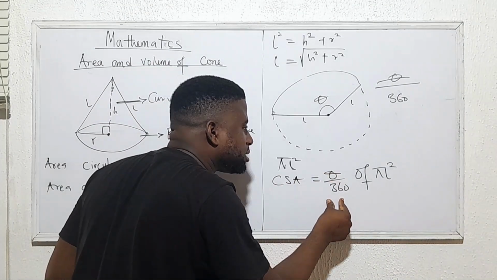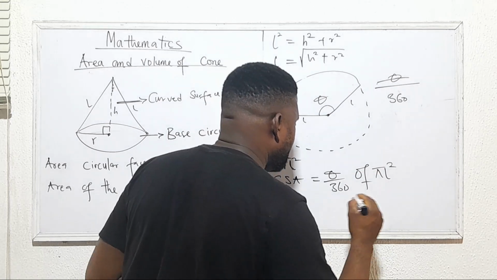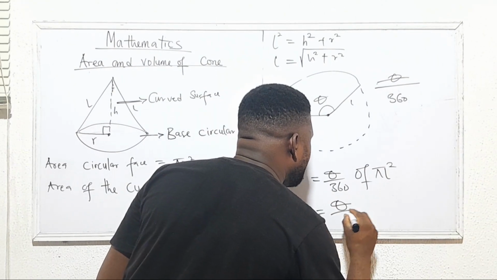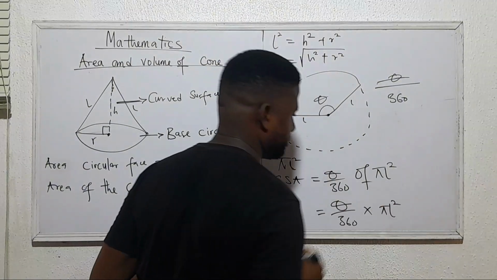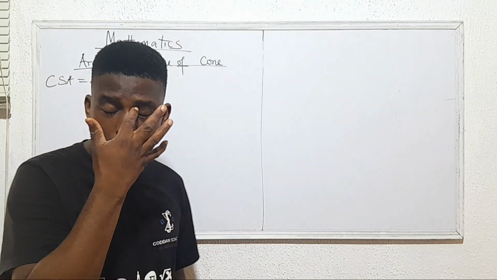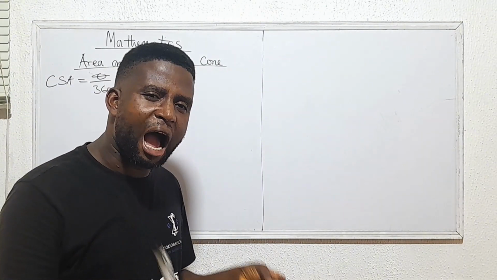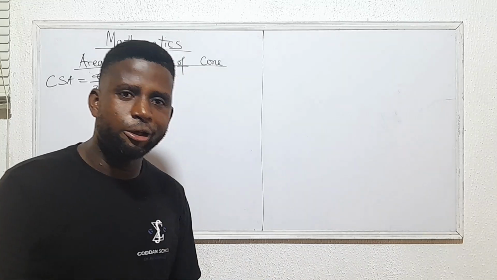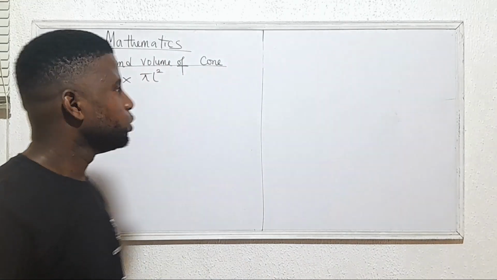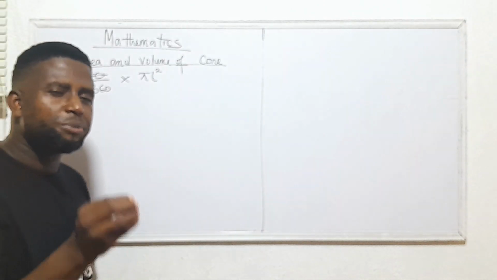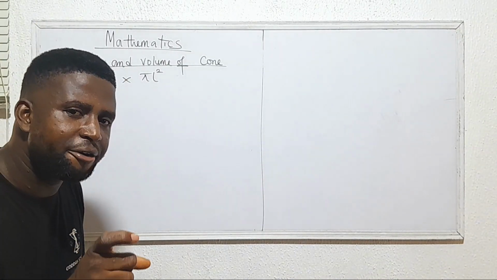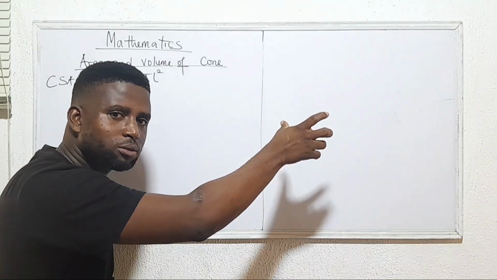Theta over 360 of pi L square, which is the same thing as theta over 360 times pi L square. In a situation where the angle of the arc is given, right, you can use this formula to find the curved surface area of the cone.